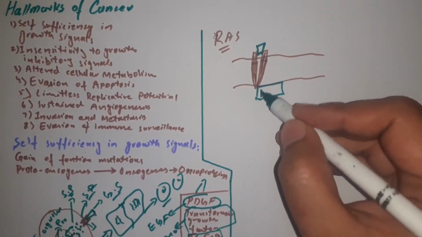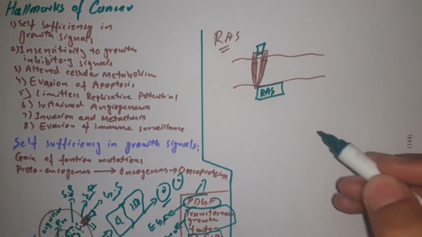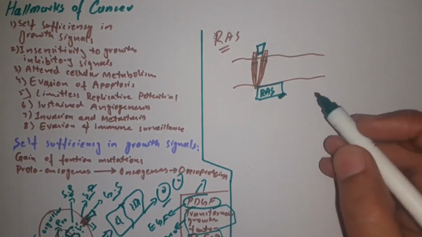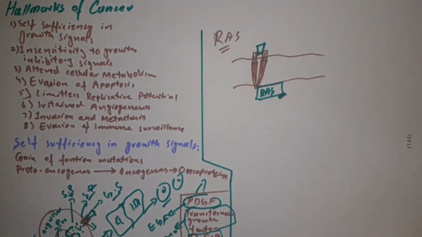Supposedly this is the RAS protein, and this RAS protein has a binding site here to bind GDP or GTP.